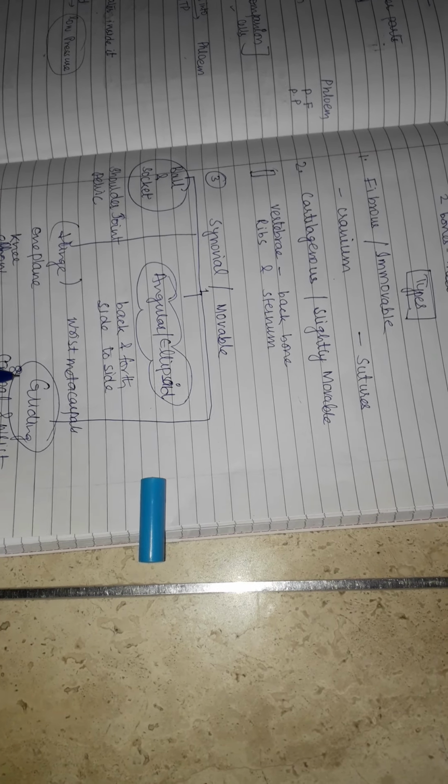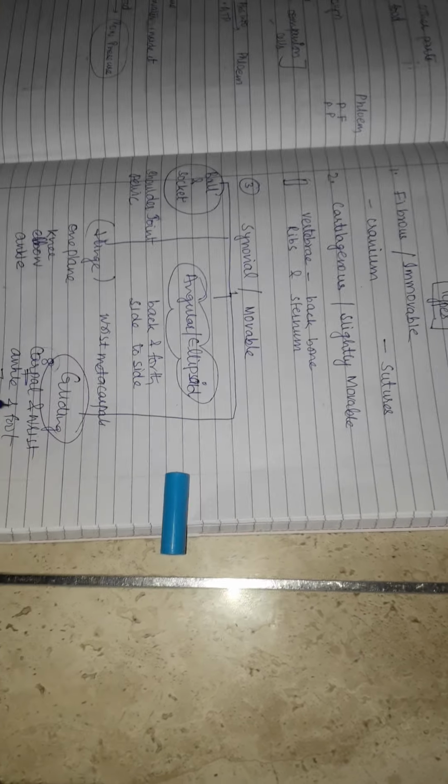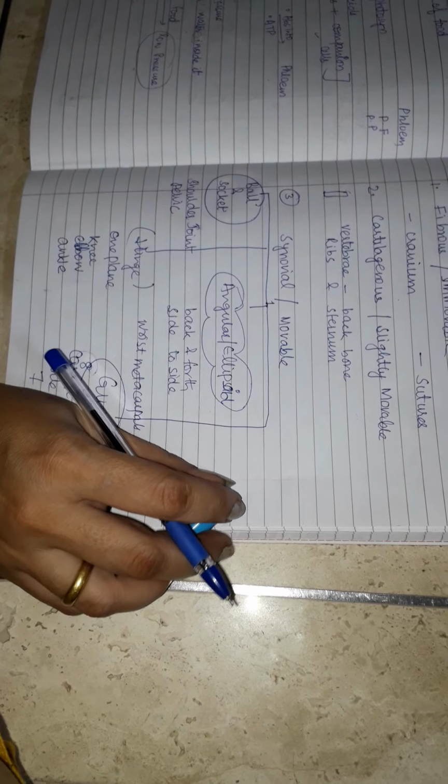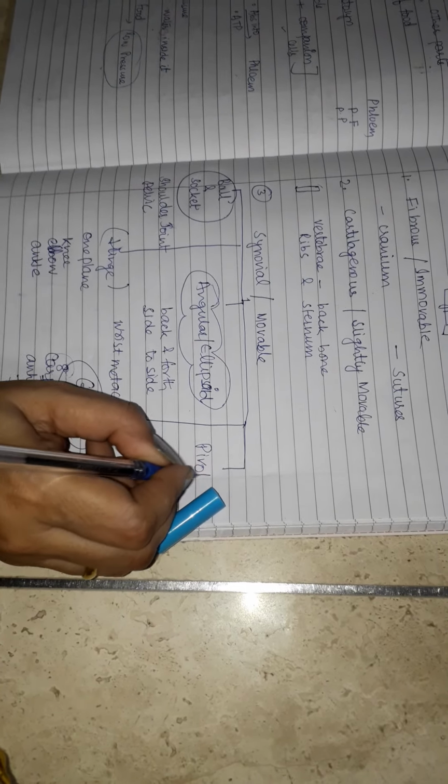So when they move, ये जो 8 bones हैं थोड़ी सी slightly एक दूसरे के ऊपर slide करती हैं.